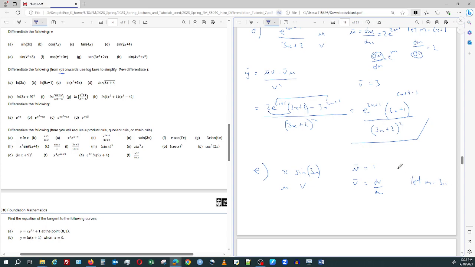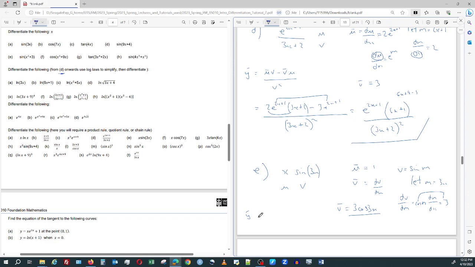We can rewrite v as sine m, so we get dv dm and dm dx, they're our chain. So that's 3. The differential of sine is cos m, so they will chain together. So that v dash is equal to 3 cos 3x.